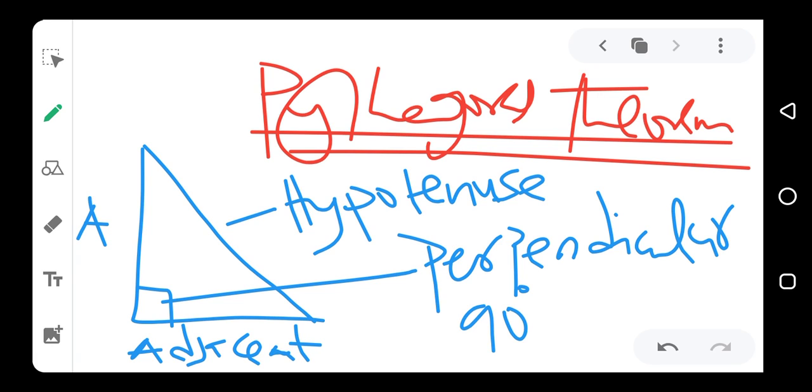If one of the other angles is given, then the side that is facing that angle is called the opposite. For instance, we have this angle 90 degrees, and two other angles here. Assuming one of these angles is given, maybe this one, theta, the side that is facing this angle is called the opposite.